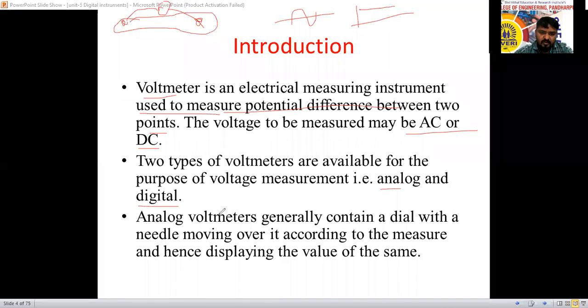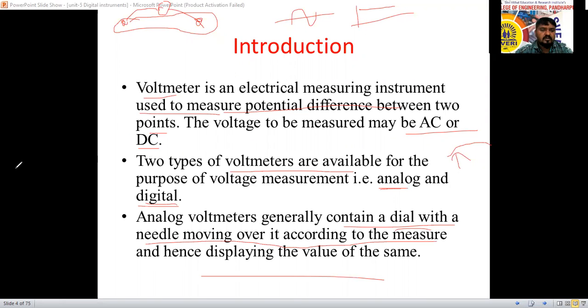So as for voltmeters, we can measure in the form of analog and also in the digital form. Analog voltmeters generally contain a dial, like this, and a pointer that indicates the value. It is a dial, a scale with a needle moving over it according to the measurement and displaying the value.